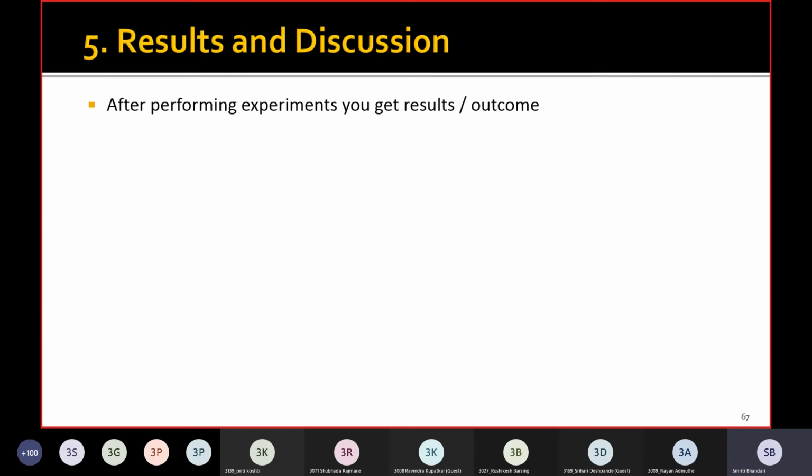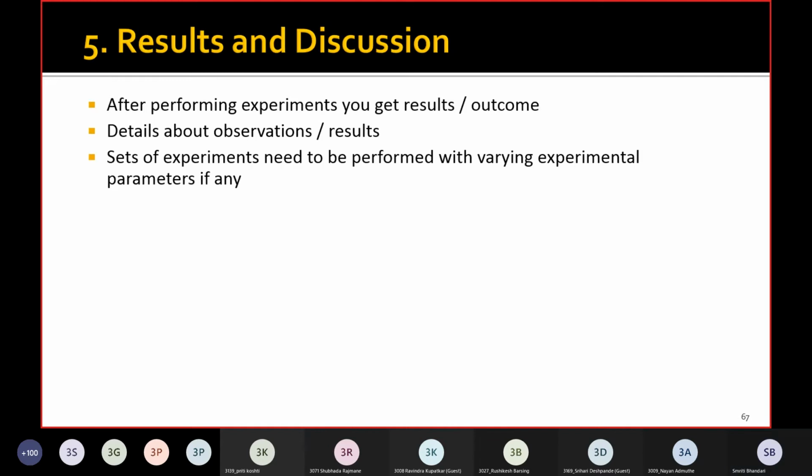Now you have implemented your system and experimented with it, and you have the results and the outcome with you. So in this results and discussion chapter, you should provide your observations, your results, and the outcome of the system. You may provide sets of experiments.